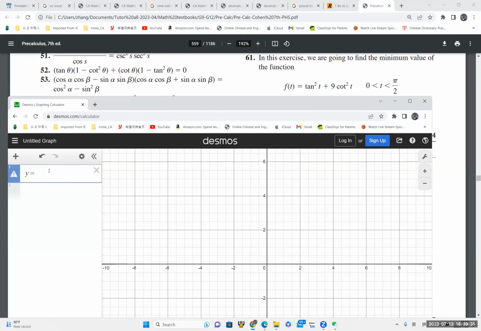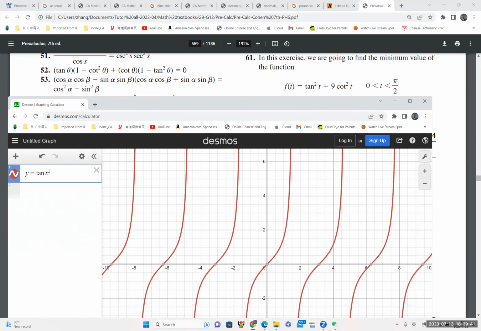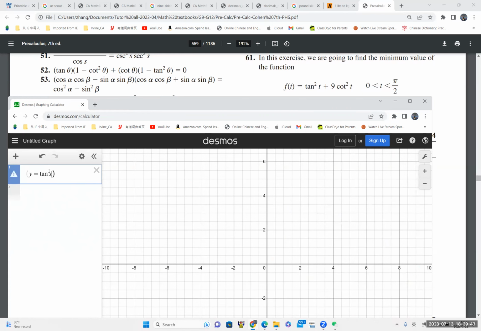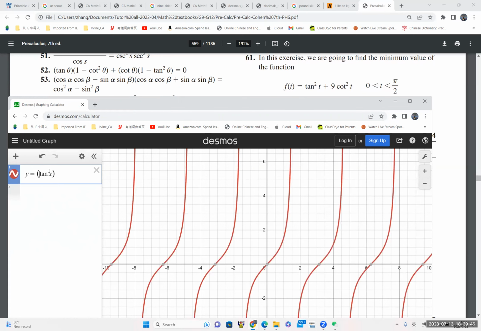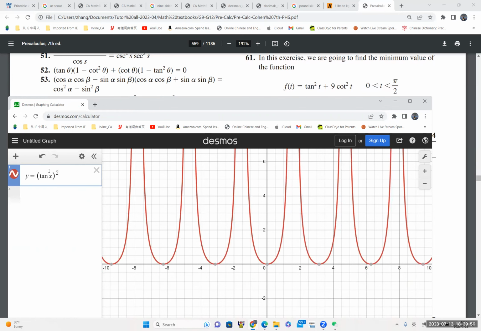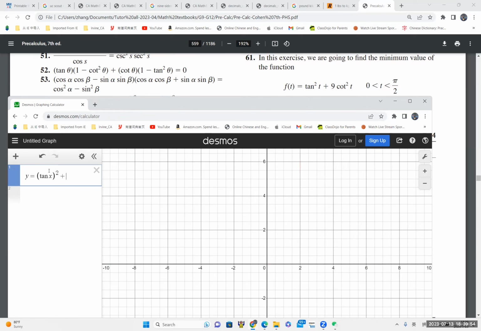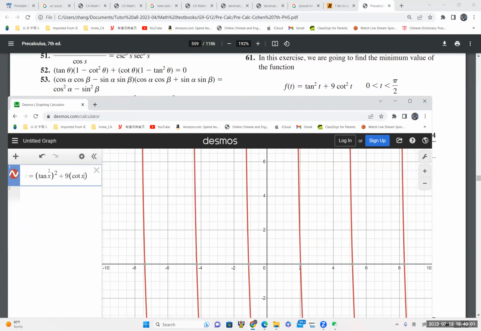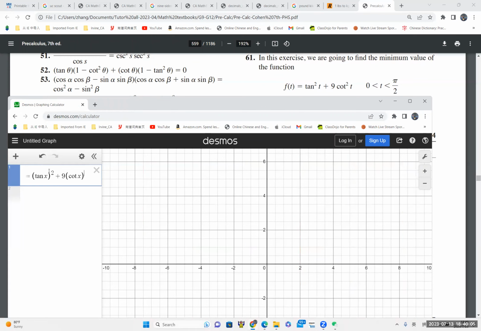We call y equal to tangent x squared plus 9 cotangent x squared.